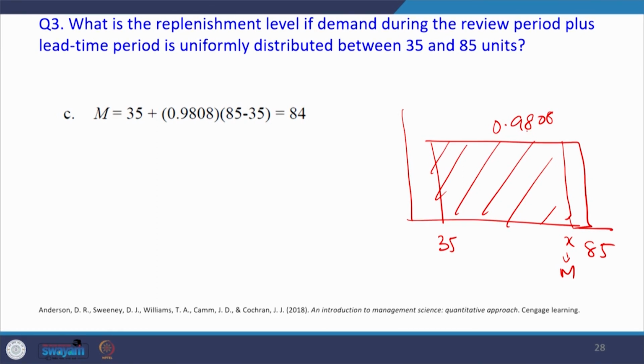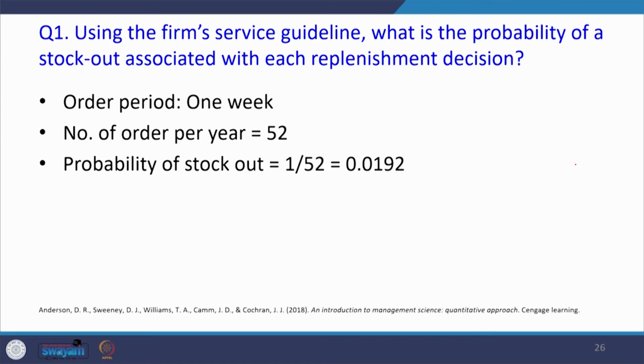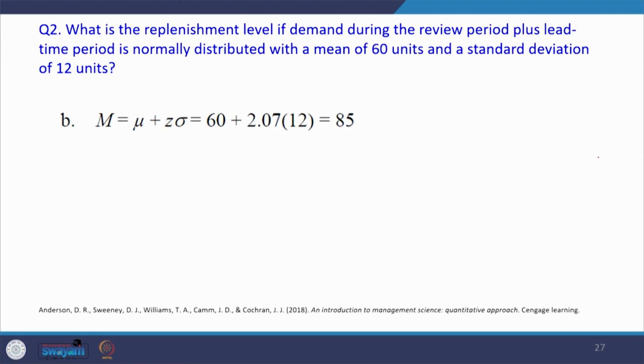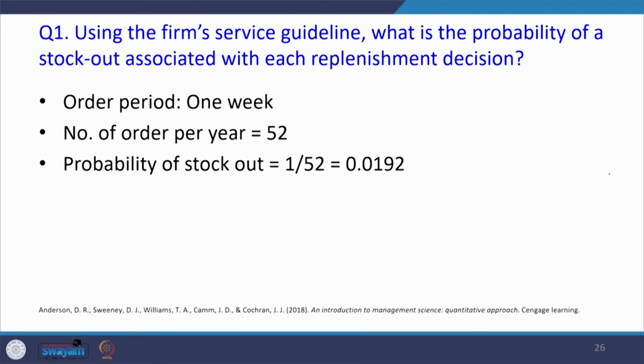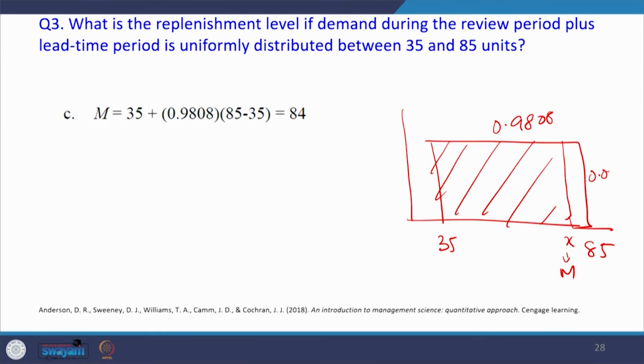So, how did we get 0.98? Because this side, right side area, we have seen previously, the stock out is 0.0192.